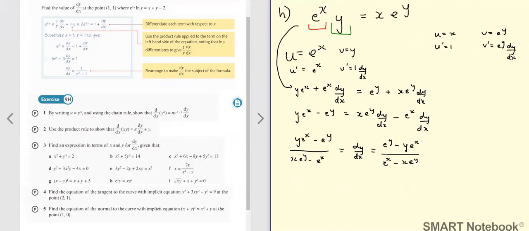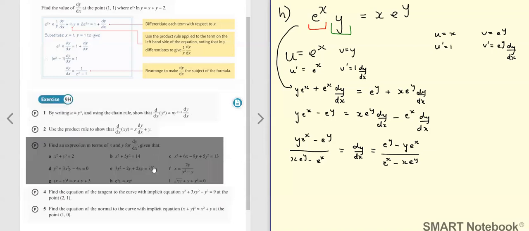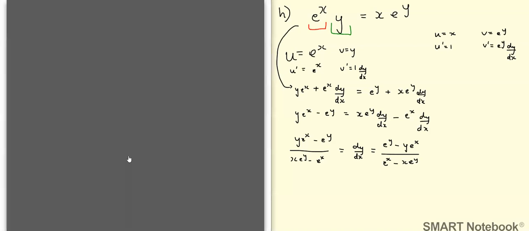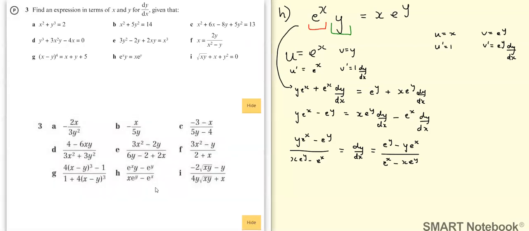So e to the y minus e to the xy over x. Can you check your answers here and let me know whether you got them right or wrong? Yeah, that's fine.